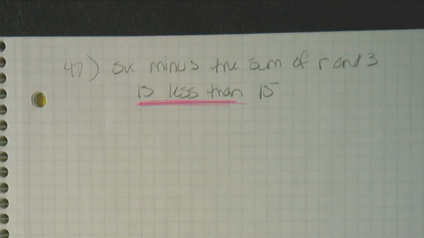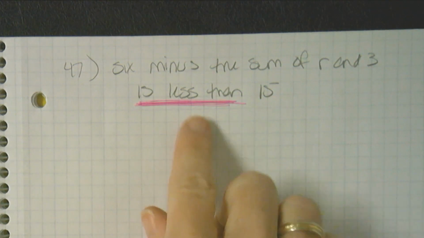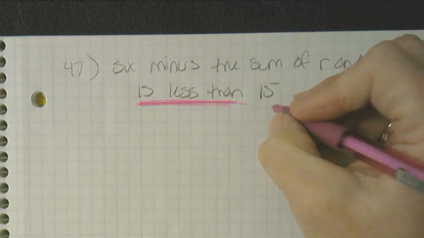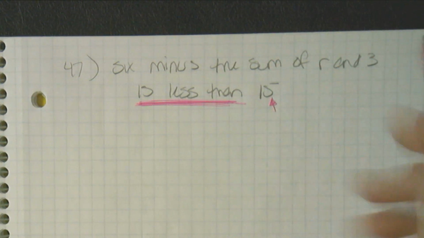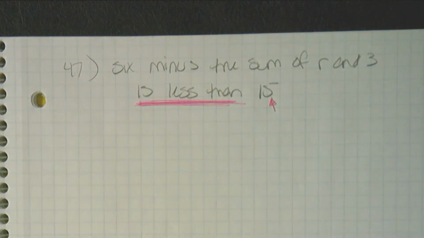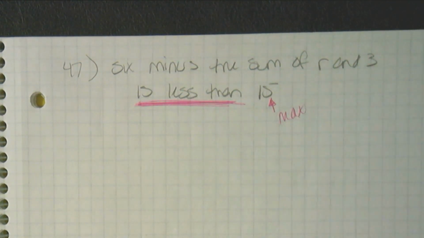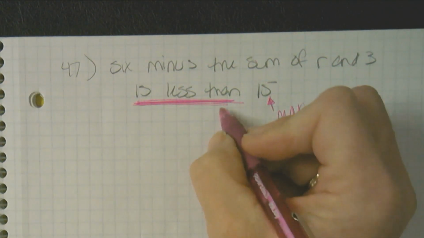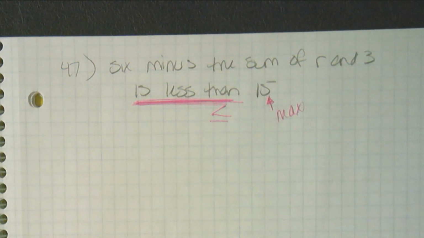All right, so I'm going to take this apart, Peter, before I write anything else down. I'm going to take apart what I have. If I have a less than, what does that mean my 15 is? If all this stuff is less than 15, is that 15 a maximum or a minimum? It's a maximum. Okay, so I know now that whatever I have has to be that inequality.